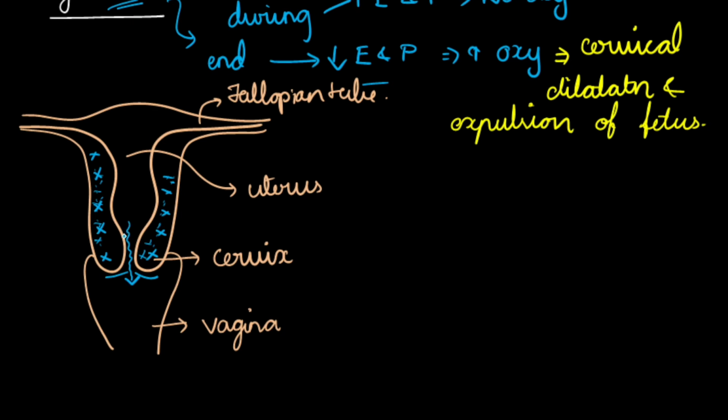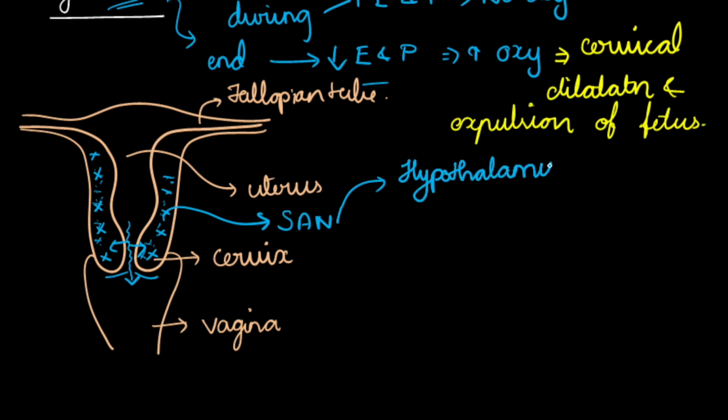Because of that, the stretch reflex is stimulated, and this stimulus is passed through the somatic afferent nerve towards the hypothalamus. In the hypothalamus we have two different nuclei which secrete oxytocin, the paraventricular nuclei and supraoptic nuclei.